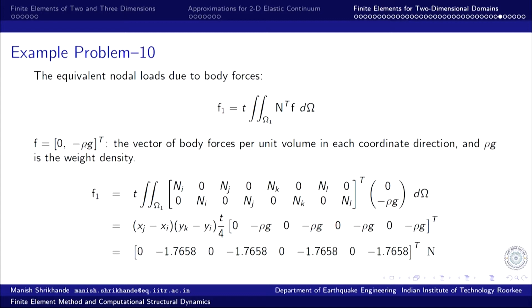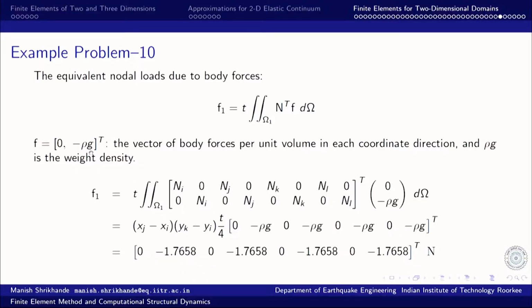In this case, there is no body force along the x direction, but there is a body force component along the y direction, that is self weight, referred to here as rho times g per unit volume. Rho is the density, and the minus sign is because weight acts vertically downwards, and upward is assumed as the positive y direction.